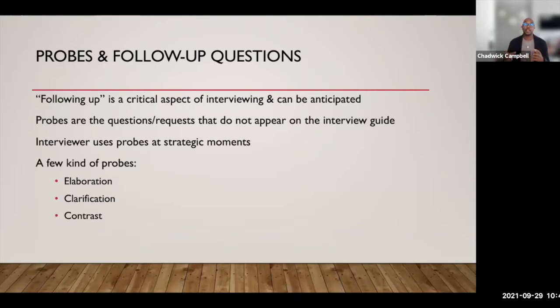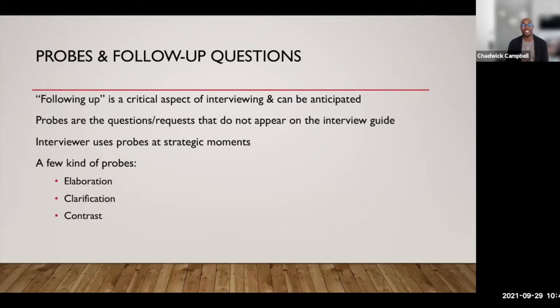I can think ahead and think, well, they're starting to talk about this thing that I was going to ask later, so let's probe more here. You're going to give a bunch of examples about how to probe, but there are some standard ones that I go back to over and over again. I always say, when all else fails, just ask them to tell you more, right?